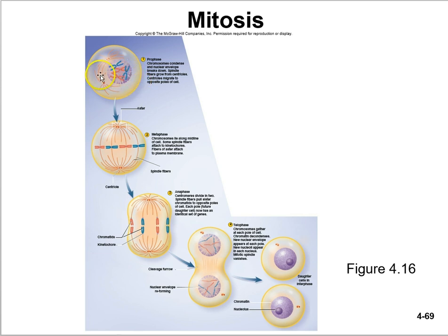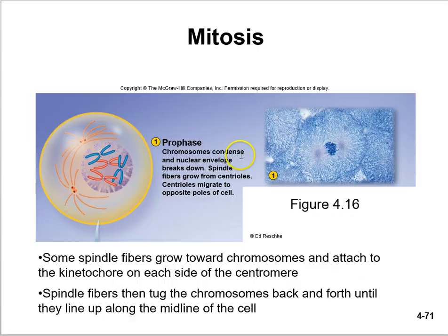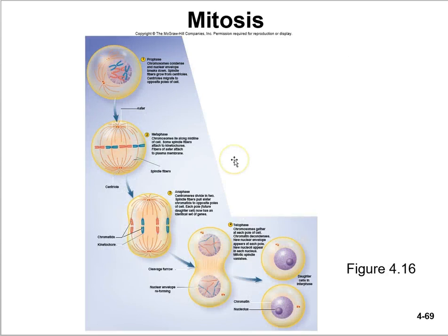The nucleus goes away and the mitotic spindle begins to be set up in prophase. In metaphase, our mitotic spindle is complete with the centrioles on opposite sides, and our chromosomes are at the equator. In anaphase, those chromosomes are pulled apart.